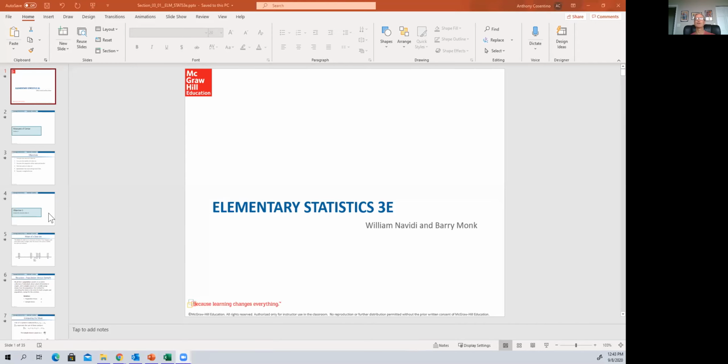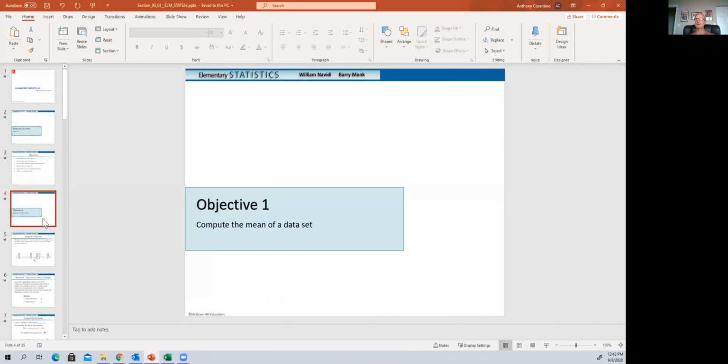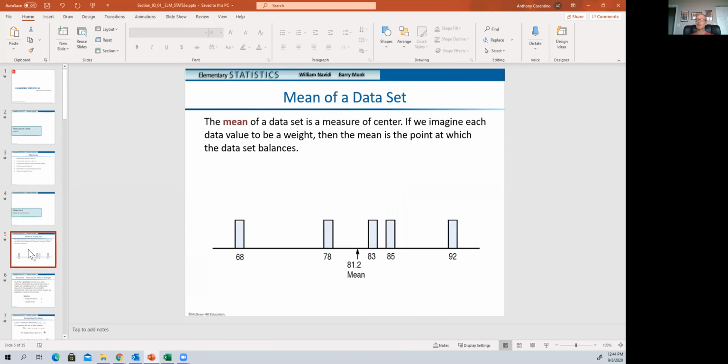So let's start with mean, and the one that's used probably the most with regards to measuring central tendencies. And the idea of a mean, and this came out of the book, and I thought this was kind of a nice image. It's the idea of if each one of your data points was a weight and you were on a seesaw, all right?